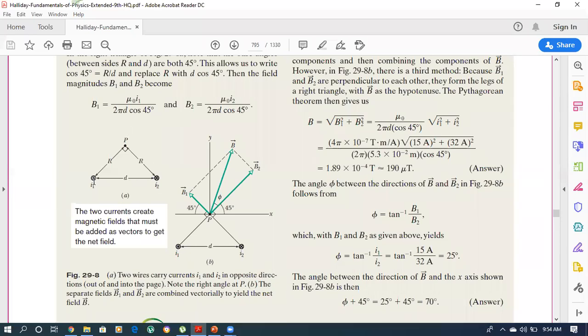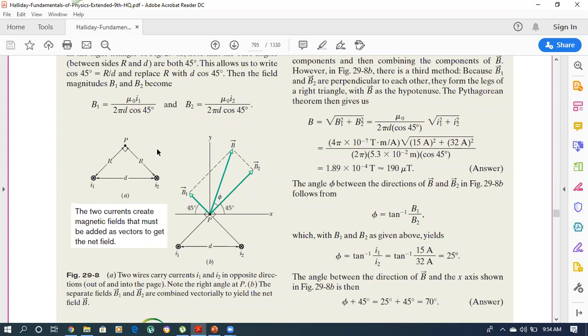Two wires are given. One has current into the page and one has current out of the page. We have to determine the magnetic field at point P, not in between them, but above the plane of these wires. What will be the direction of the magnetic field?